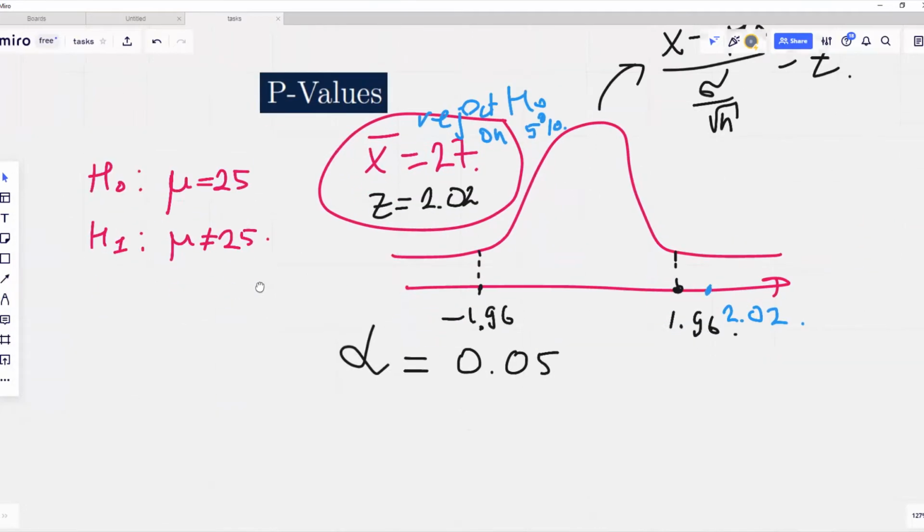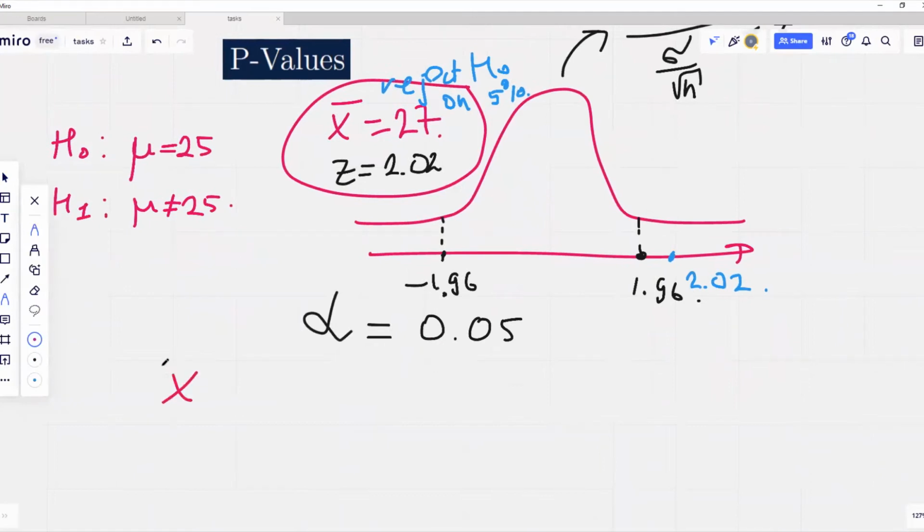Now let's assume that you have another sample, and the sample mean this time is equal to 50. And as you can see, this provides much larger evidence against our null hypothesis of the mean being equal to 25. Let's assume that this corresponds to a test statistic that is equal to, let's say, 3.96.